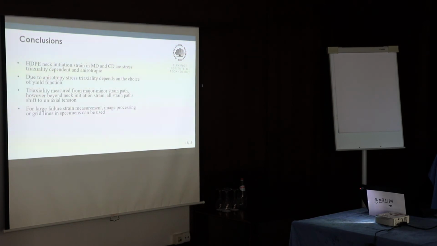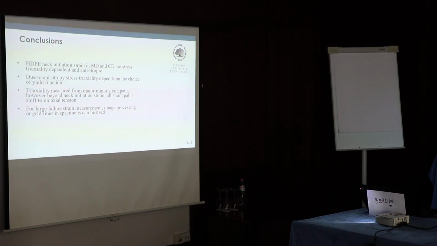In conclusion, I would say this HDPE is a triaxiality dependent material, and it's anisotropic in machine and cross direction. We can use DIC or some other image processing software like ImageJ to capture these high local strains.